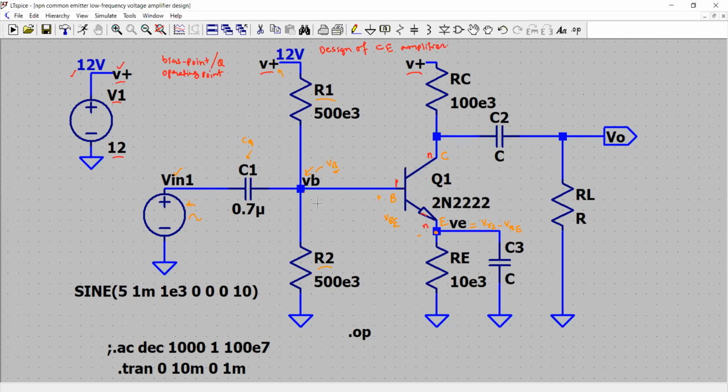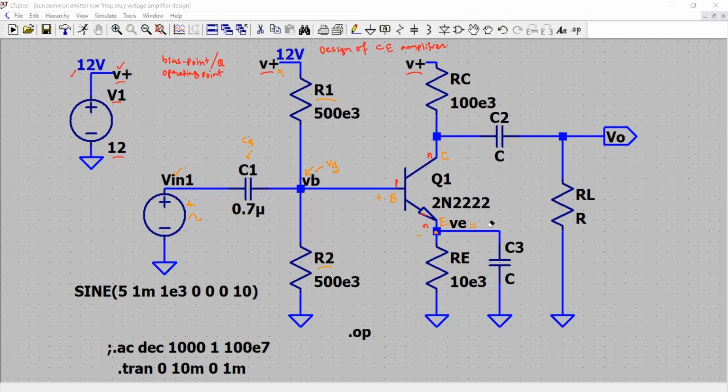Okay, so we'll say small VB, small VE, and this voltage VBE will also be called small VBE. So let's draw this properly, and let's write it properly also. So just call it small VBE.